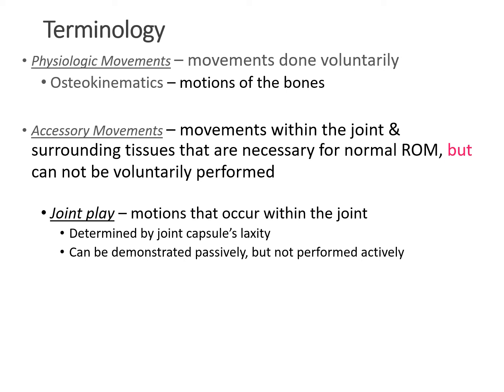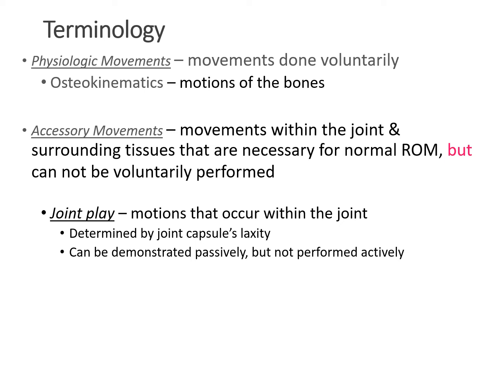Another term is joint play. The joint play term is used when we talk about these accessory movements. We talk about sliding, gliding. These are the motions again happening within the joint. So accessory movements or joint play, we can use interchangeably. These are similar terms which mean the same.